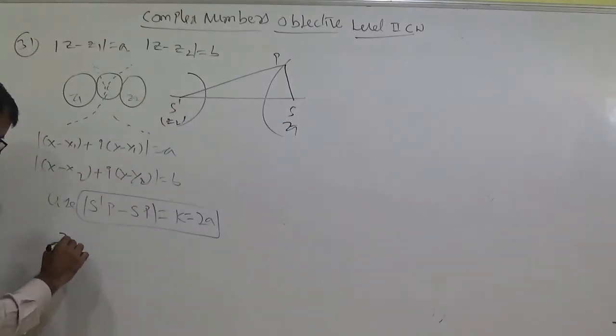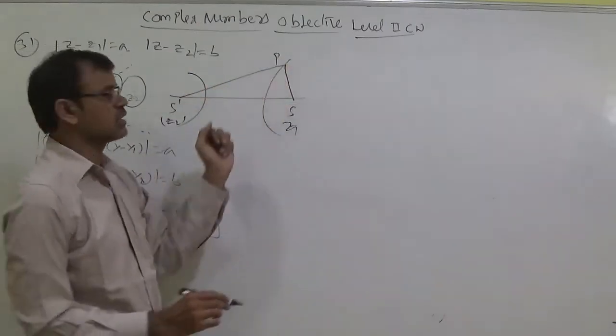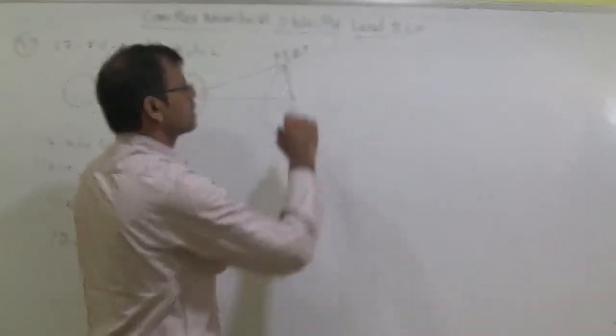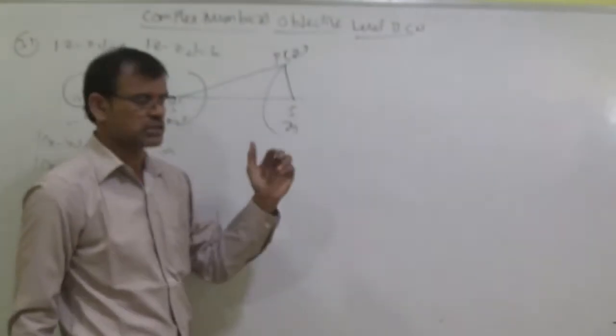So now you can understand that S dash P is nothing but a complex number; the general notation is x comma y or x plus iy.